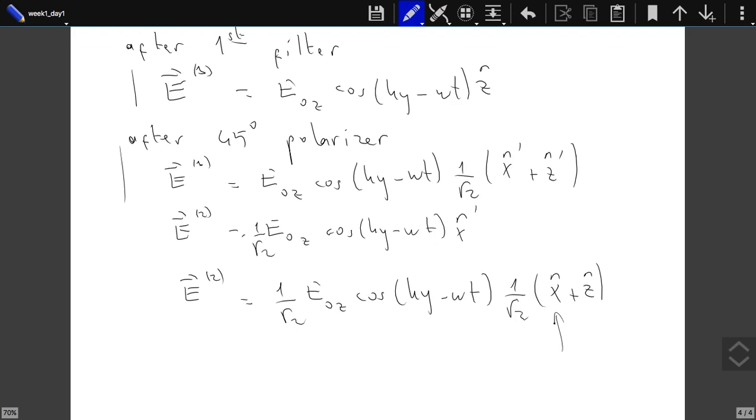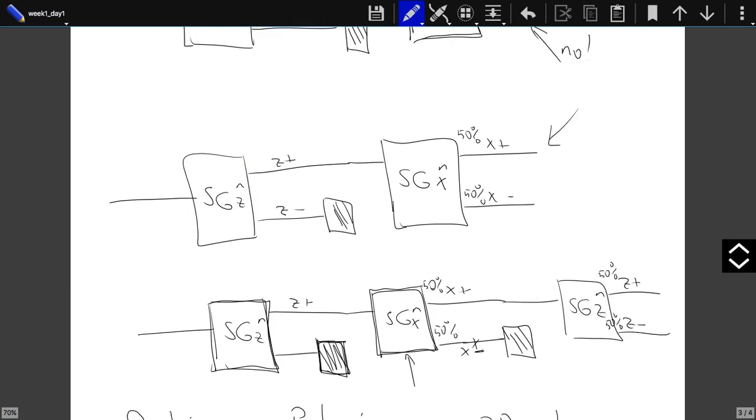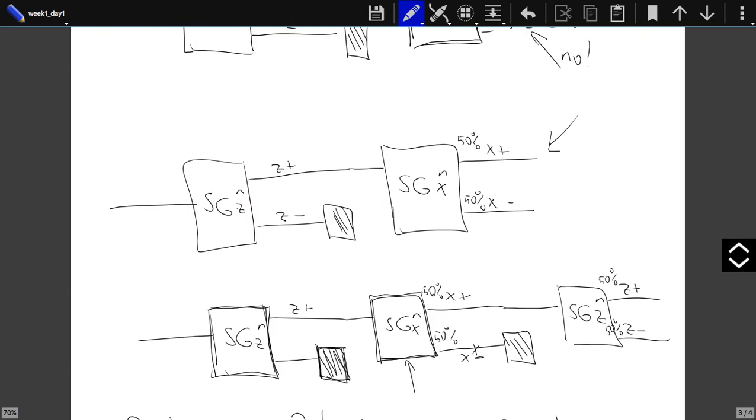So I'm not saying that this is what also happens in the Stern-Gerlach experiment. But what I'm saying is that we already have a mathematical framework which describes these observations in a different physical system. So what I will be doing is basically borrowing that mathematical framework to describe this system.